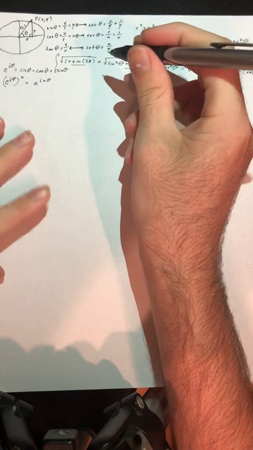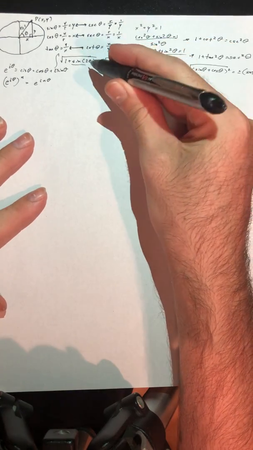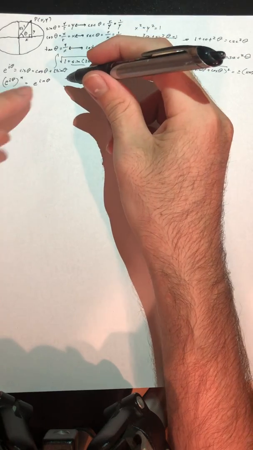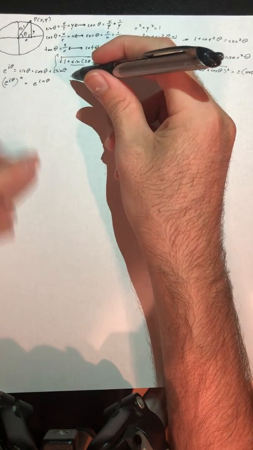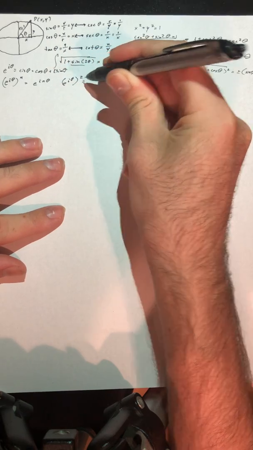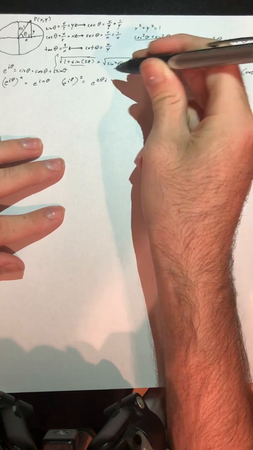Well, it helps us in a number of ways. For example, if I forgot that sine 2 theta is 2 sine theta cosine theta, I could use this property. I could say e to the i theta squared is equal to e to the 2 theta i. And why does this help me?